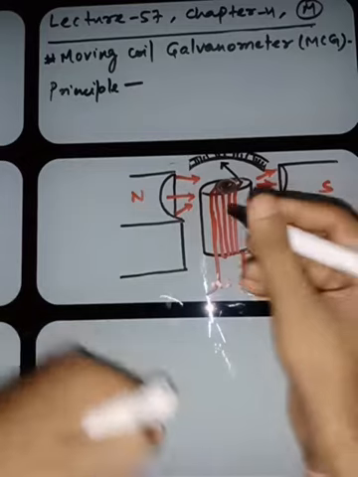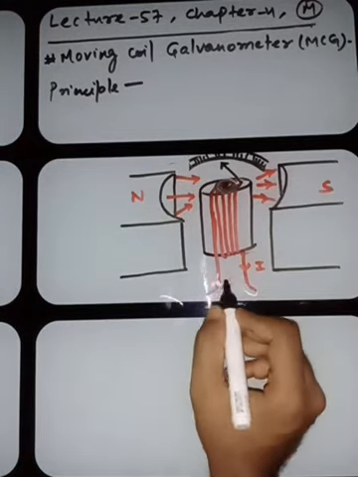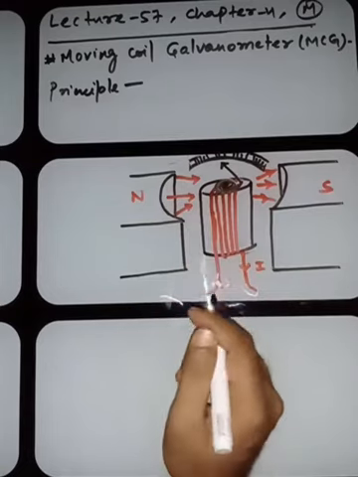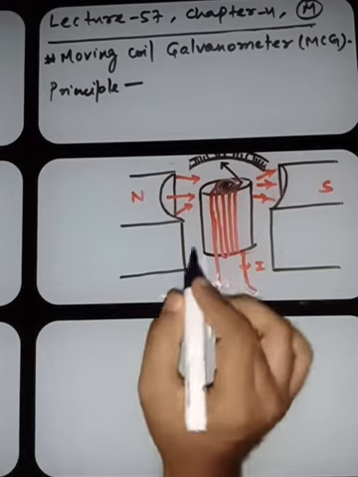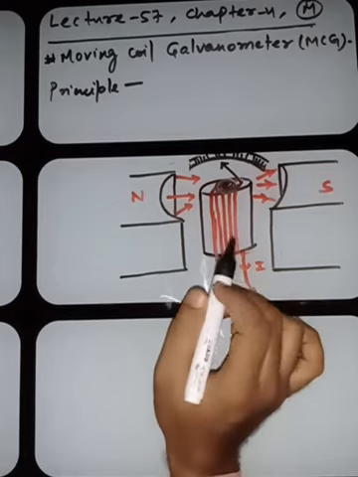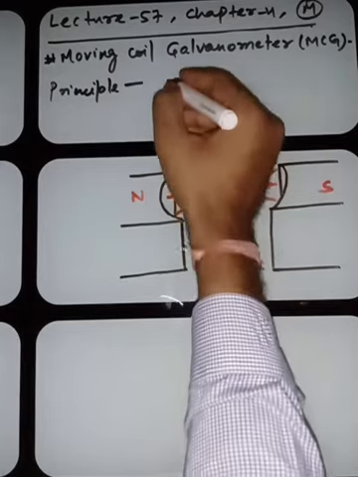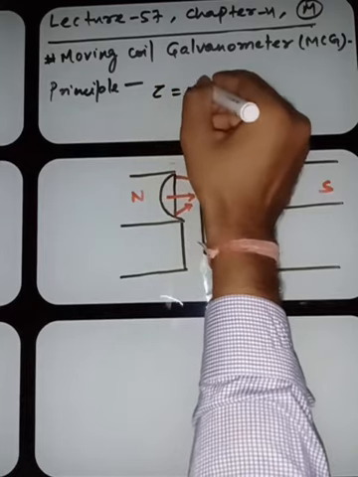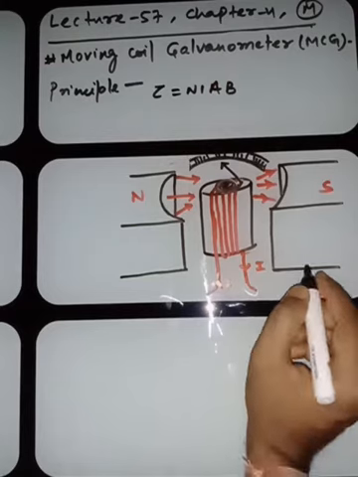Remember, when current moves through this galvanometer, the coil twists. It moves by a certain angle. It experiences a torque due to the current, and how much torque does it experience? The torque tau can be written as N I A B sin theta.